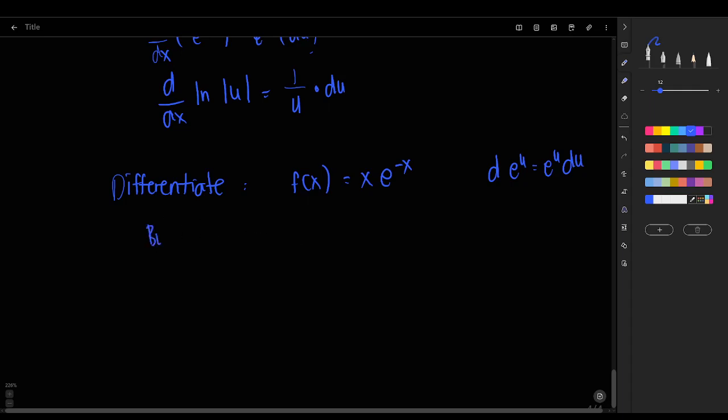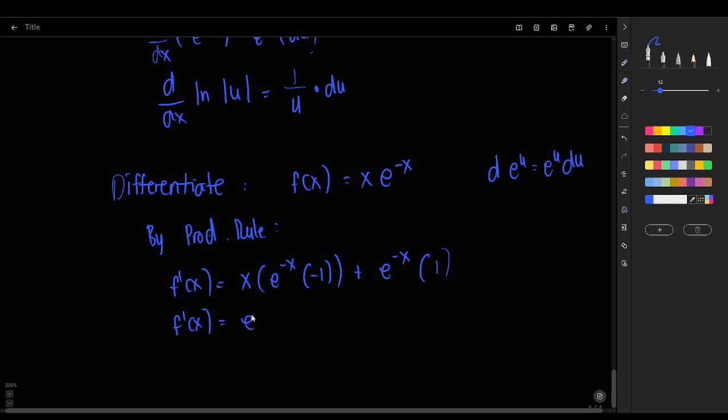So by product rule, f prime of x would be equivalent to x times the differential of e raised to the power of negative x, that is e^(-x), times the differential of negative x, which is -1, plus e^(-x) times the differential of x, which is 1. So f prime of x would be equivalent to e^(-x) times (1 minus x).